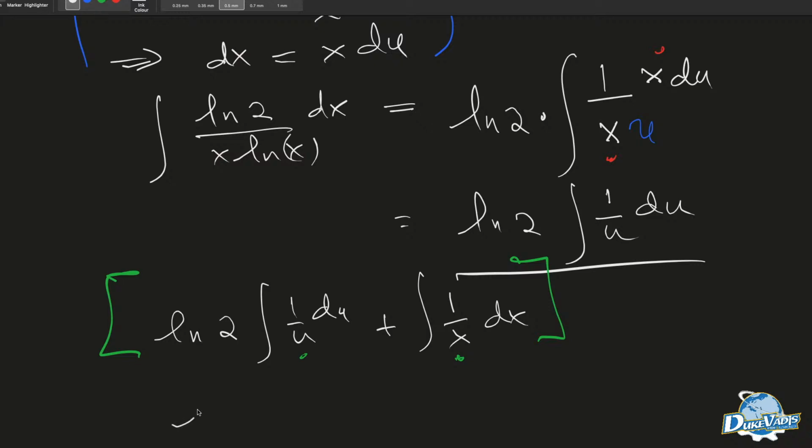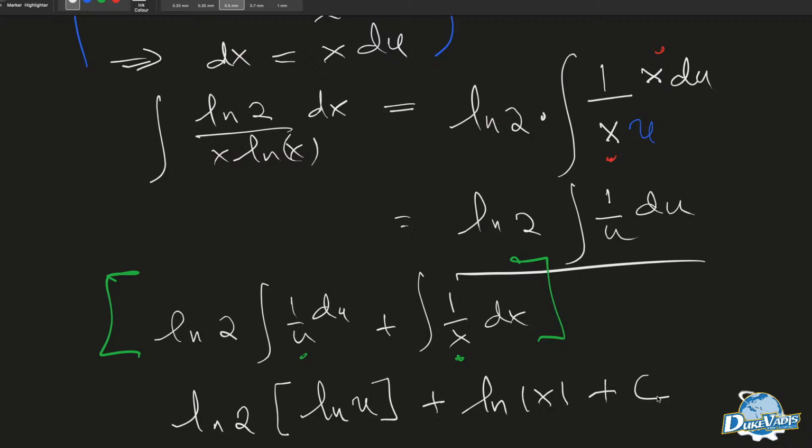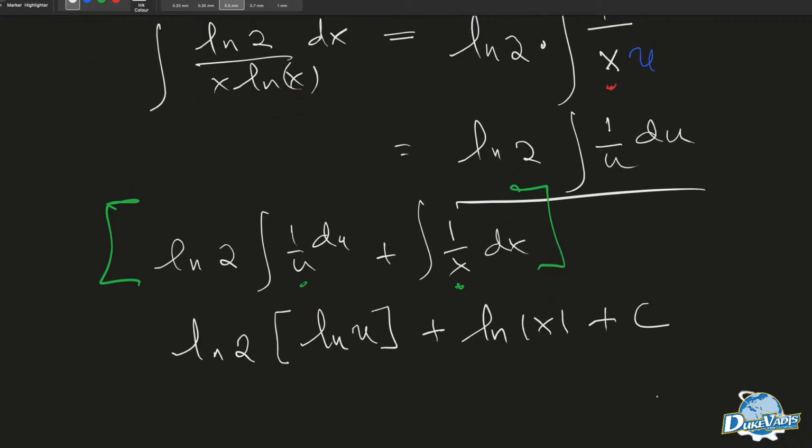So we have natural log of 2, then we say natural log of u plus natural log of absolute value of x plus c. Beautiful. Well, what do we see here?